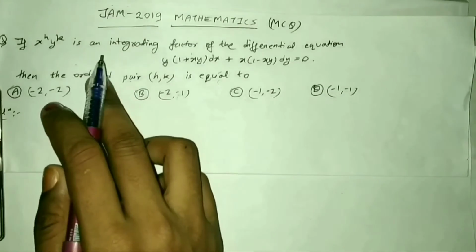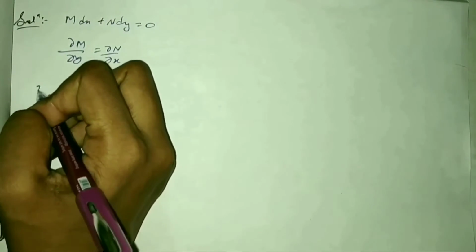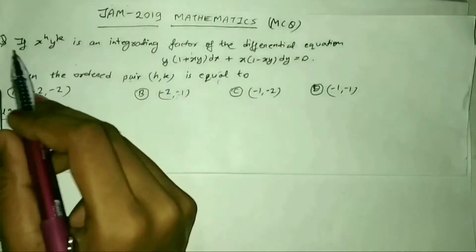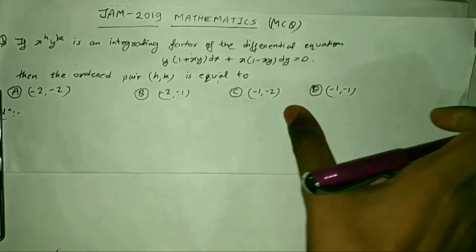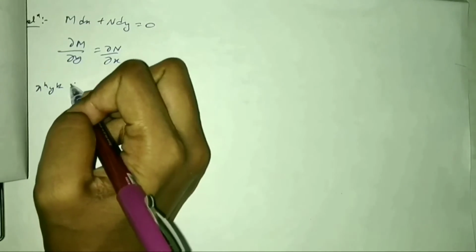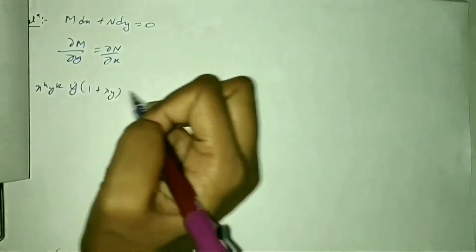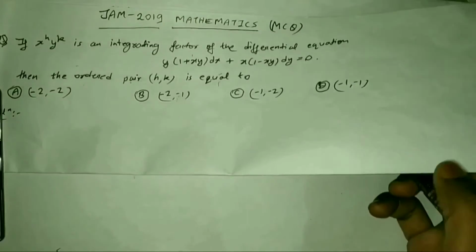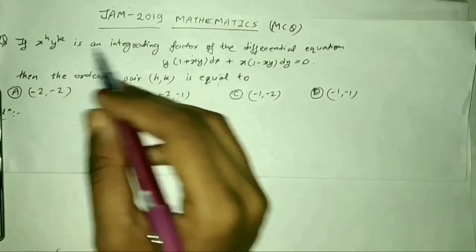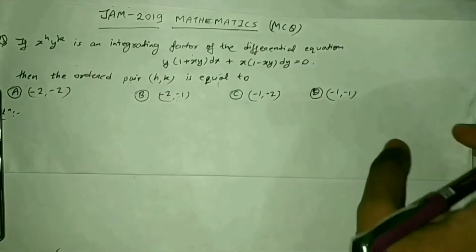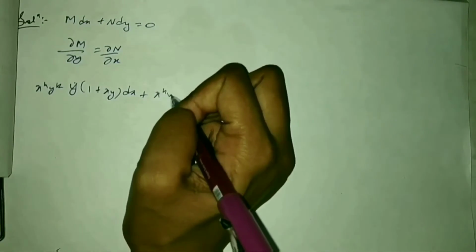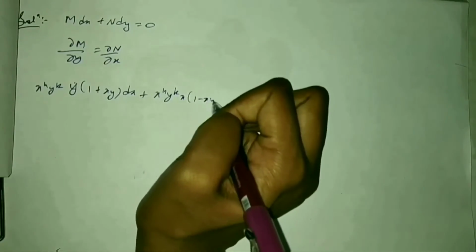Let us multiply: x^h y^k into y(1 + xy) dx plus x^h y^k into x(1 - xy) dy is equal to 0.